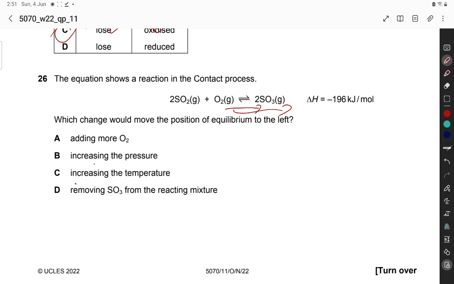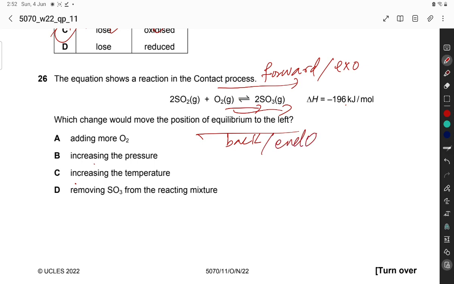Increasing the temperature: because the forward reaction is exothermic and the backward reaction is endothermic, this is the backward reaction.